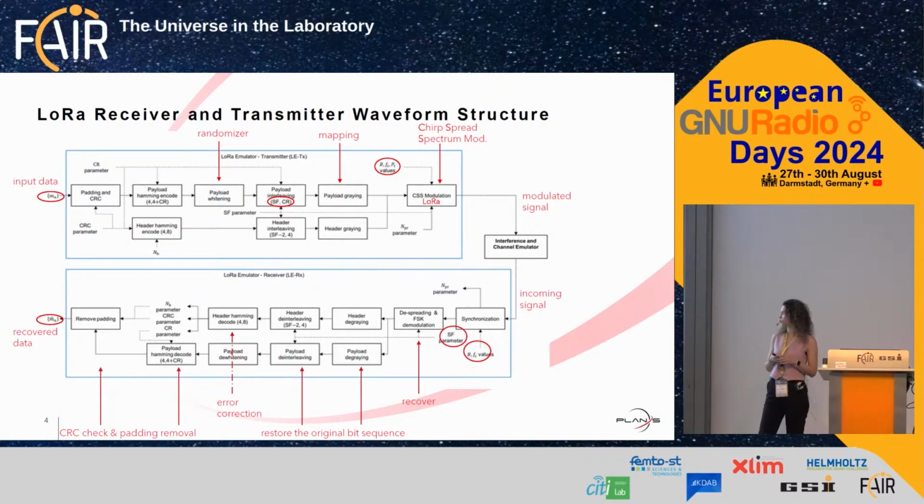In this case, our modulation is chirp spread spectrum modulation, and it is basically LoRa modulation. Its important parameters are bandwidth, carrier frequency, and transmit power. And then this modulated signal undergoes a channel emulator.